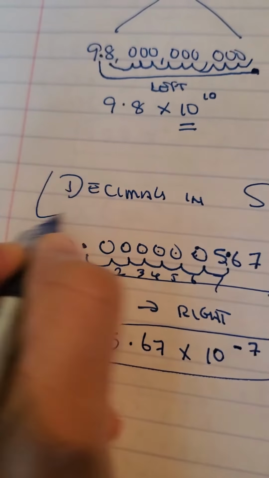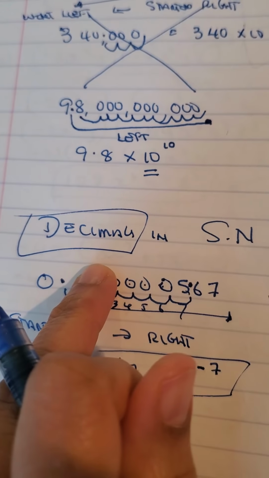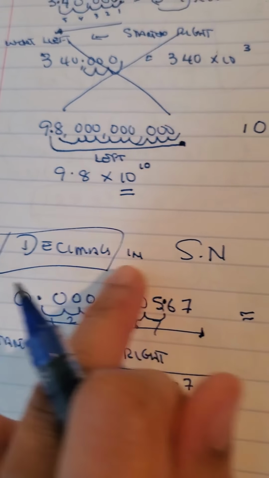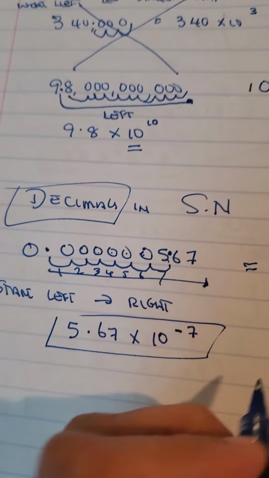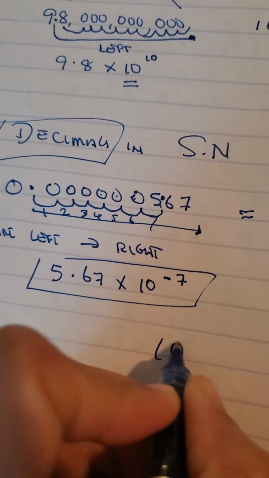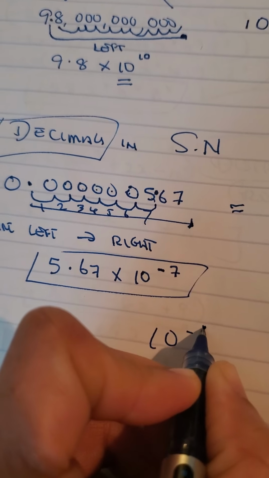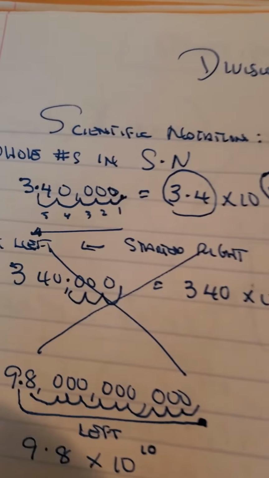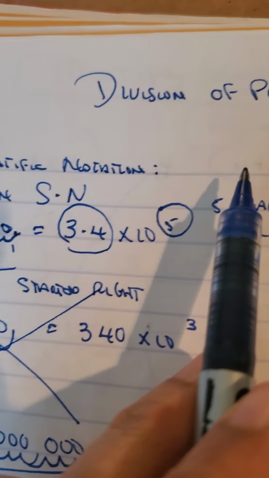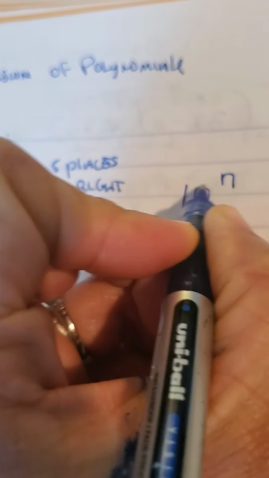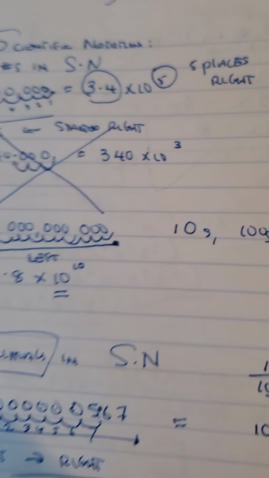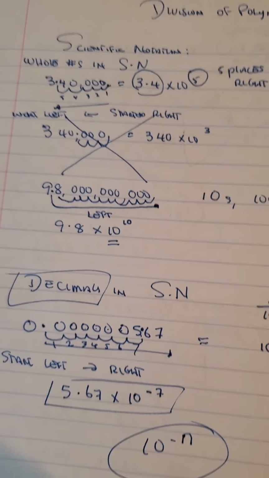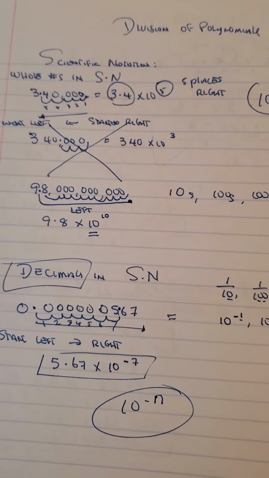So when we're converting decimals to scientific notation, our power of 10 is negative. And when we're doing whole numbers to scientific notation, our exponent will be positive. Okay, so that's all there is to scientific notation.